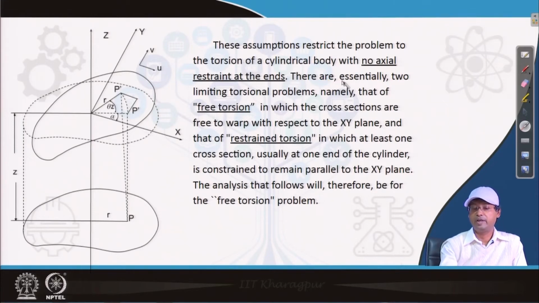There are essentially two limiting torsional problems, namely that of free torsion, in which the cross sections are free to warp.